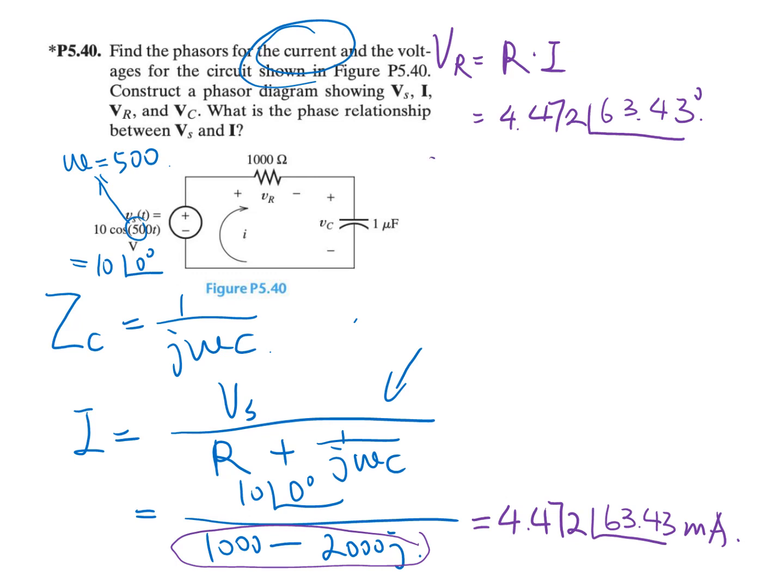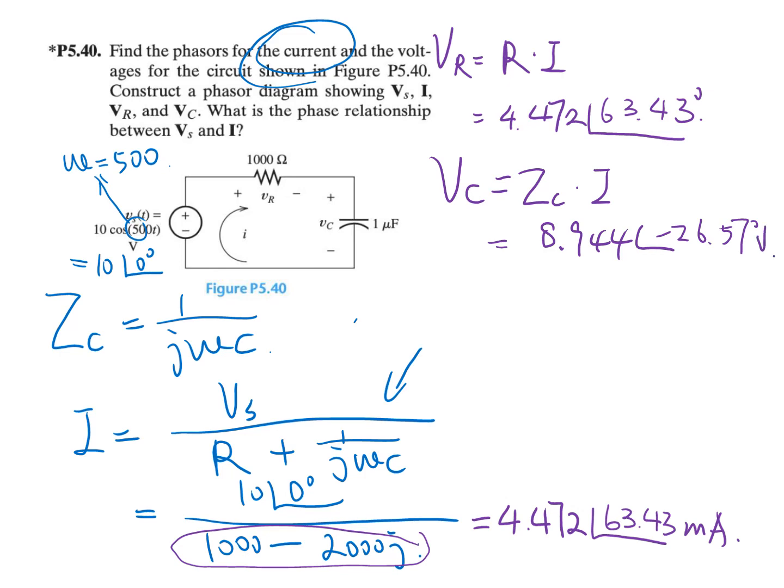VC is Zc times I. And if you substitute the numbers, you can get 8.944 at an angle of negative 26.57 degrees volt.